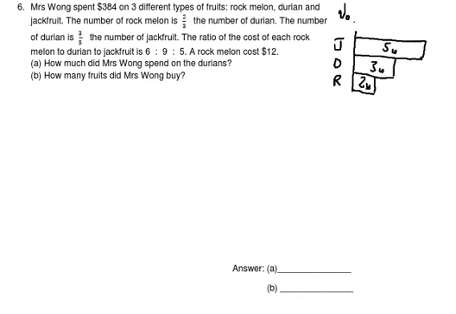So let's say I have the cost of the rock melon to durian to jackfruit. Rock melon is 6 units. Or should I write, do you think it's better to write 6 units or 6 parts? 6 parts, right? Why do you think it's better?